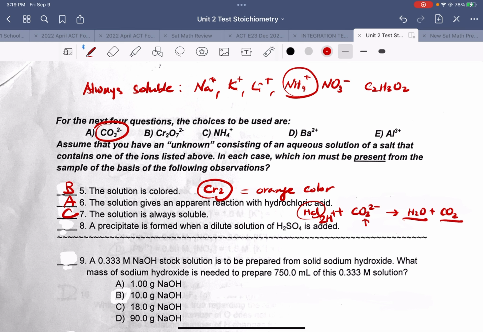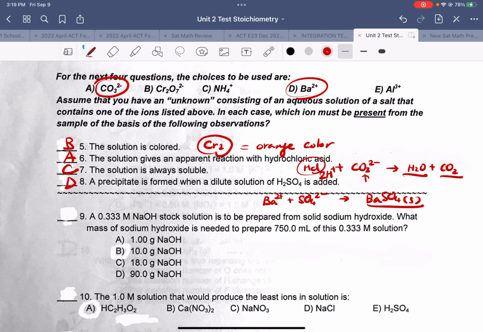You see that here D, barium 2 plus and SO4 2 minus. When these come together, they make a precipitate. So BaSO4 is a solid. So that one forms. So D. You're going to memorize that. That is a white crystal solid.